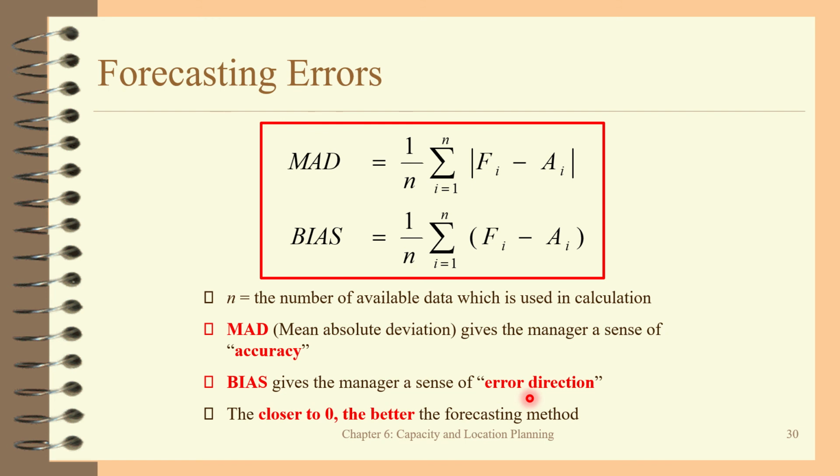I may say that if the manager would like to find the forecast error in terms of accuracy, you have to know that now we have to use MAD. Or if the manager wants to find the forecast error in terms of error direction, in this case you need to use bias. You need to pick the one corresponding to what the question asks you. Don't do both of them, in your exam question.